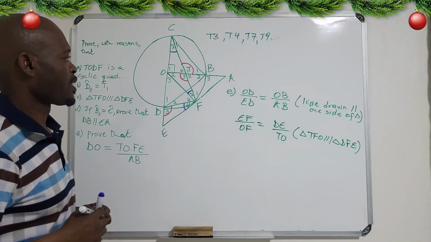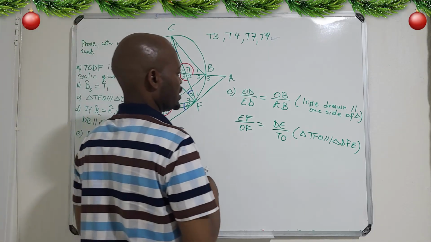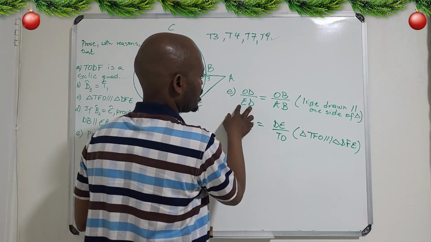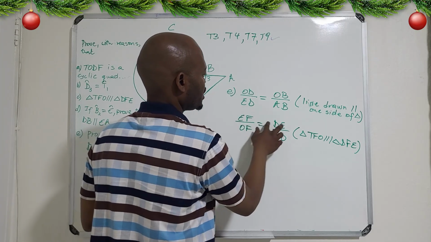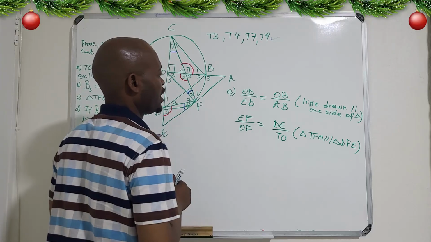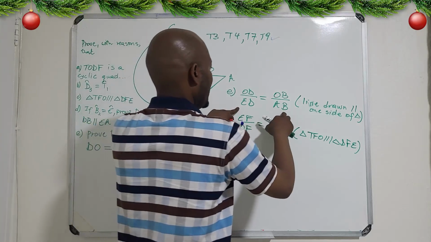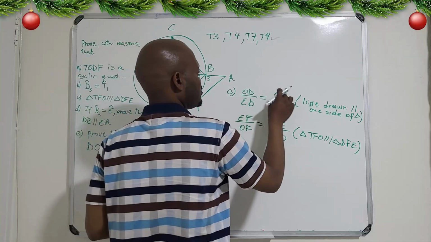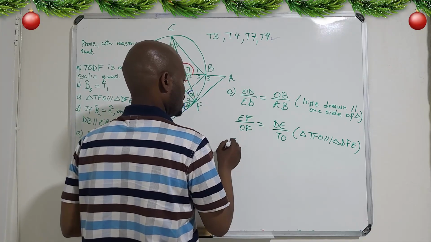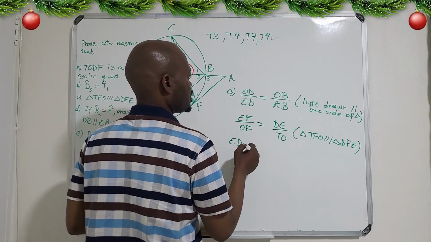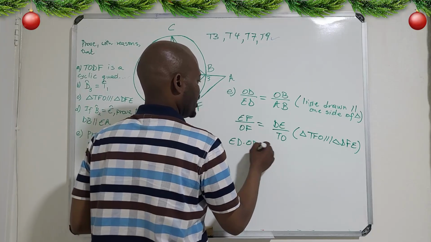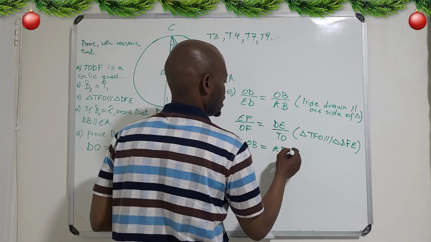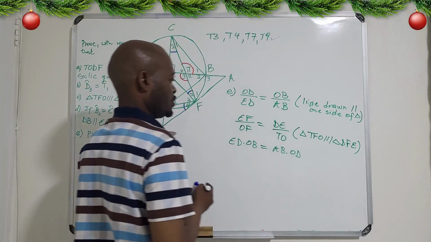This is why. Now, I can see that there's DE or ED here. I can make ED the subject of the formula. ED times OB is equal to AB times OD.